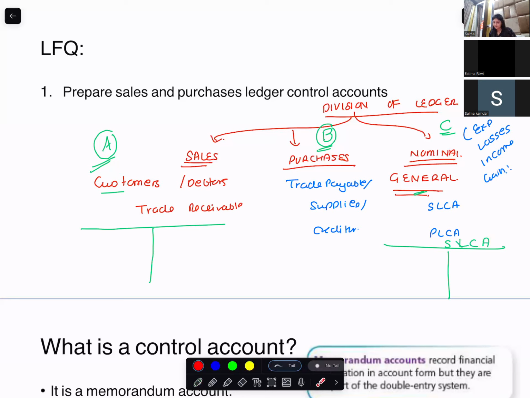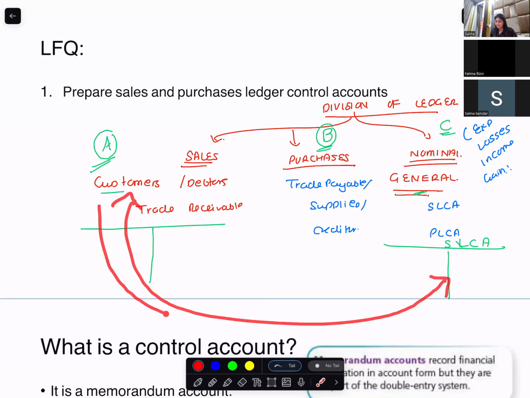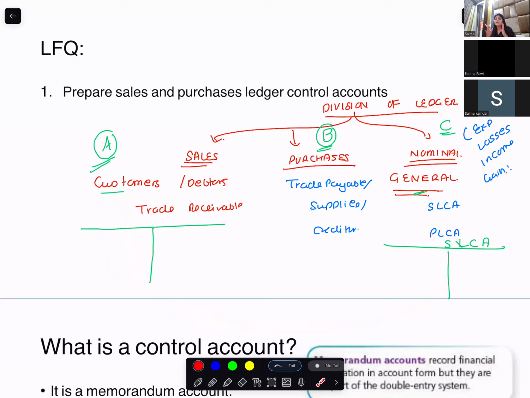The customer account is the replica of your sales ledger control account. The only difference is that the customer account is kept in the sales ledger, which is maintained by person A, and the SLCA is kept in the general ledger, which is maintained by person C.